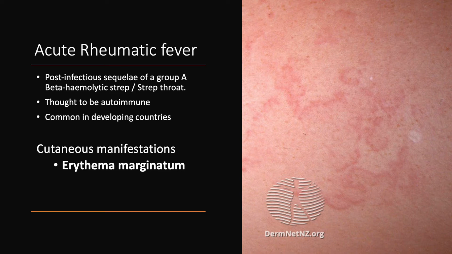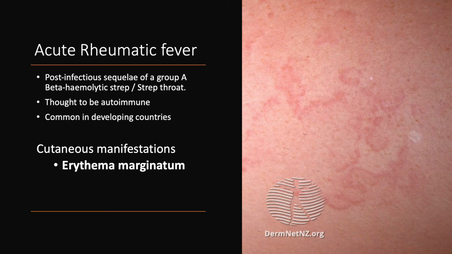So it's thought that the antibodies against the strep infection lurk around post the infection and then damage human tissue. And this condition is quite common in developing countries, not so much in developed countries, but it is useful to be able to pick out these cutaneous manifestations.